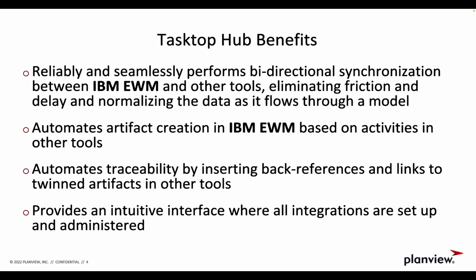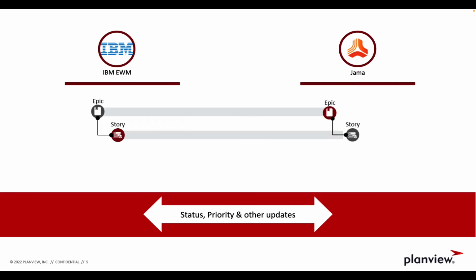We will see how IBM Engineering Integration Hub automates artifact creation in IBM Engineering Workflow Management based on activities in other tools like Jira, Jama, or Azure DevOps. We will also see how it automates traceability by inserting back references and links to twin artifacts in other tools. And lastly, we will see the intuitive interface where all integrations are set up and administered.